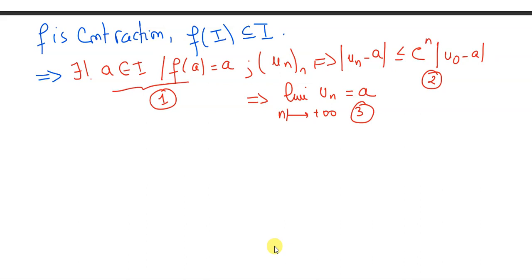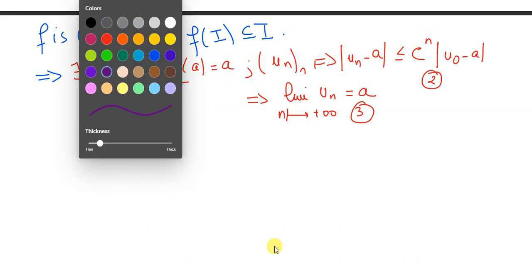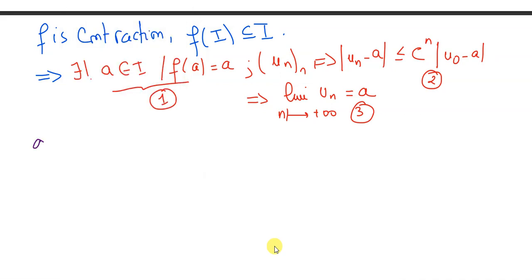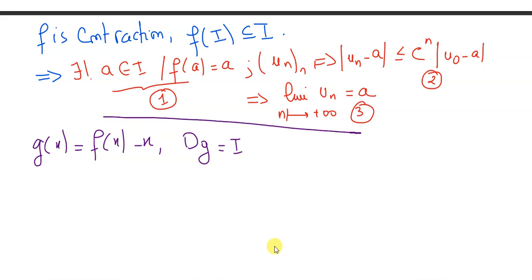So let's start with this first point. We will create a function g of x equals f of x minus x. Of course, g is defined on I, since f is defined on I. So here we will try to see the variation of the function g, so we can find the fixed point.